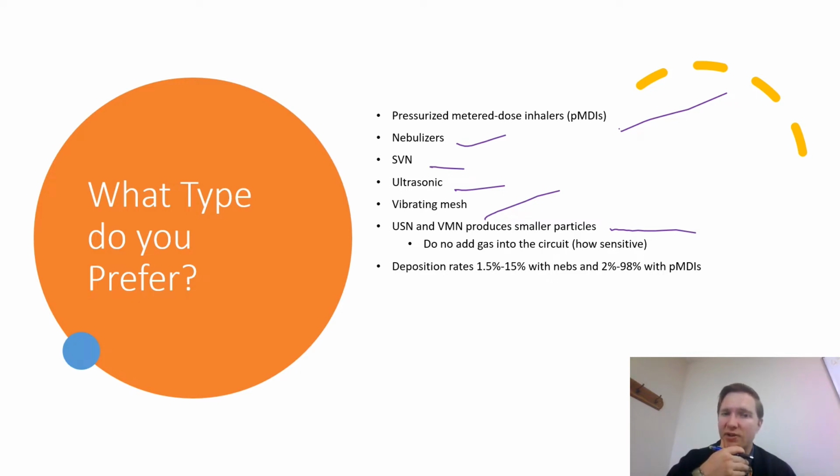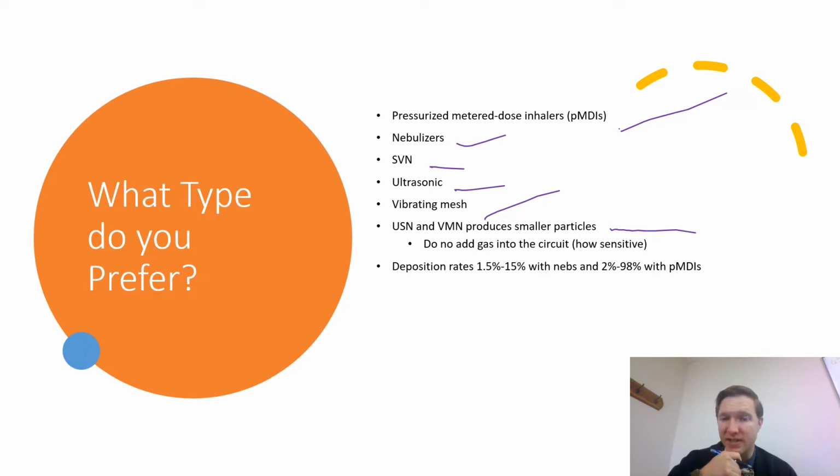Well, if we're using an ultrasonic or vibrating mesh nebulizer to do it, we're going to have better deposition. We're going to have more of that medication go to where it needs to go, closer to that transition and respiratory zone. The other advantage of the ultrasonic nebs and vibrating mesh nebulizers is they do not add gas into the circuit.